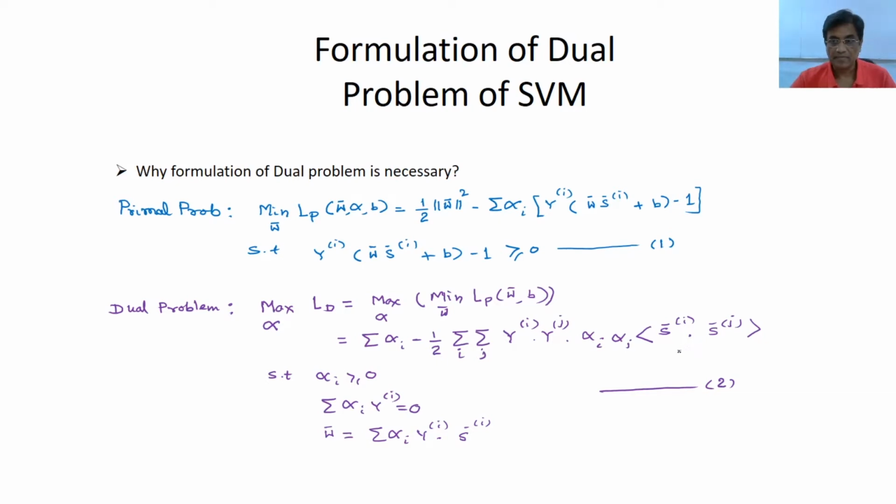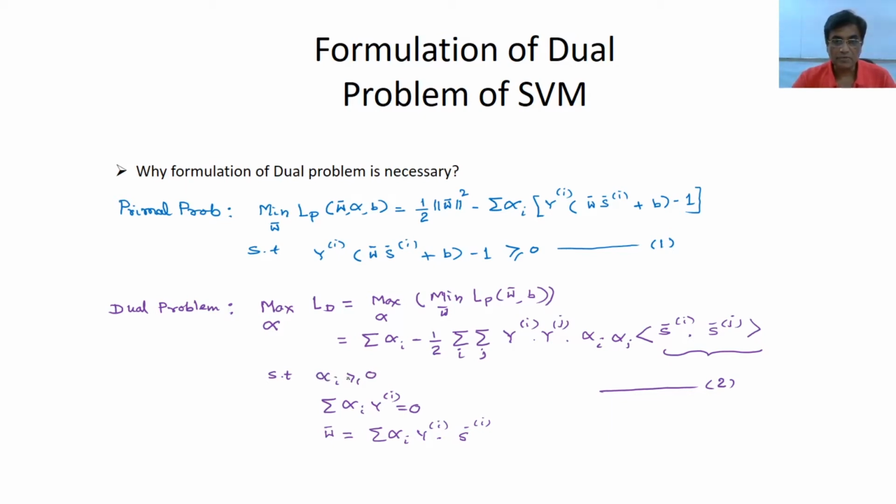It turns out that the maximization of the dual Lagrangian function over alpha involves the dot product between these vectors. Here you will have to be very careful about the constraints. The alpha i should be non-zero.